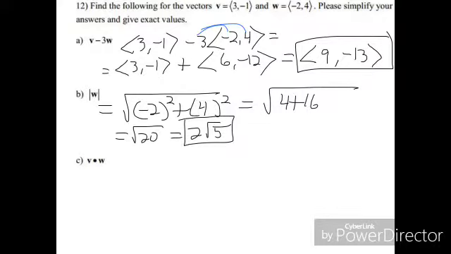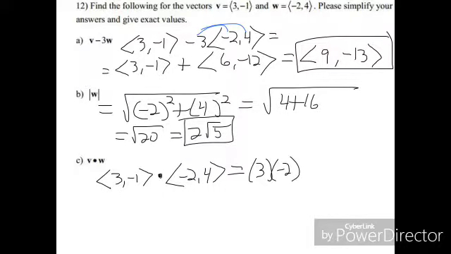Okay, V dot W, dot product. Dot product is an operation that will give you one final real number answer. It is the first times the first plus the second times the second plus the third times the third plus the fourth times the fourth, depending on how large your vectors are. In this case, they're just two-dimensional vectors.